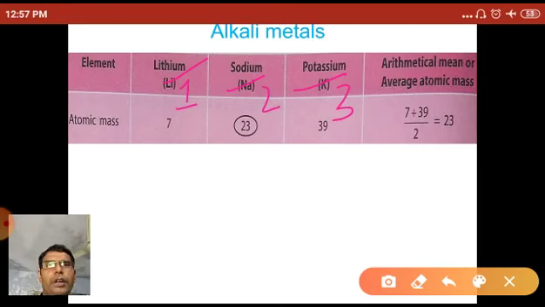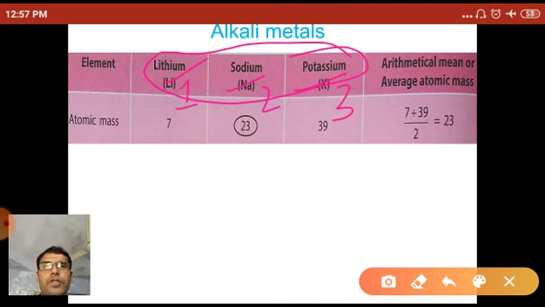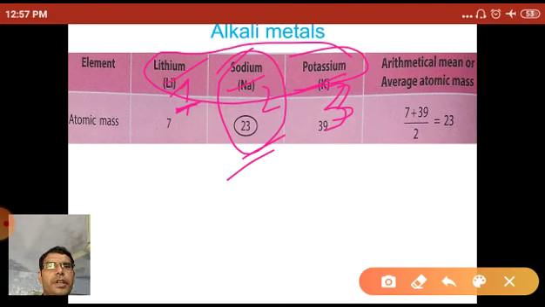When they arranged these three alkali metals in a set, they realized that the arithmetic mean of the atomic masses of the first and third elements is equal to the atomic mass of the second element.